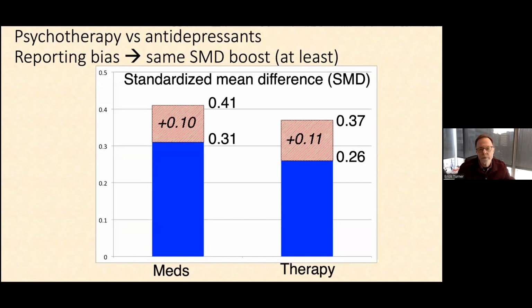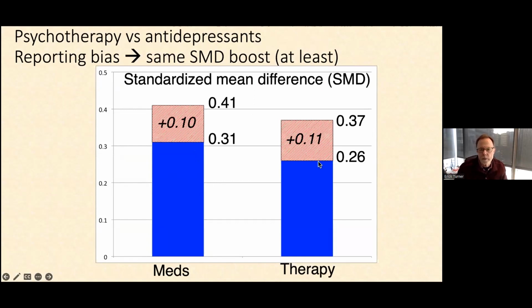We did a meta-analysis based upon with versus without these unpublished studies. The bar on the left is another presentation of what we had found with the antidepressants in the New England Journal paper, an exaggeration of 0.31 to 0.41.